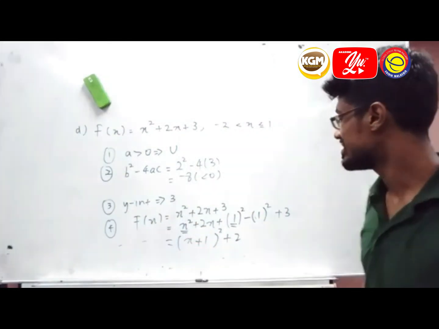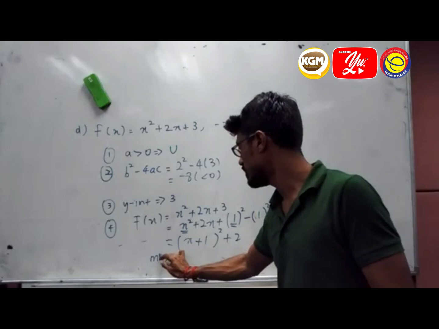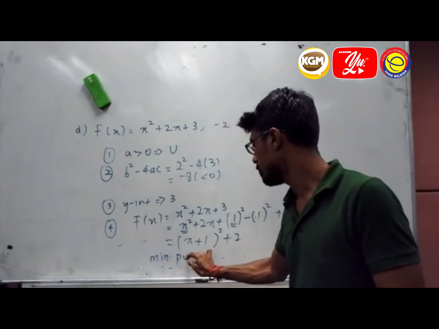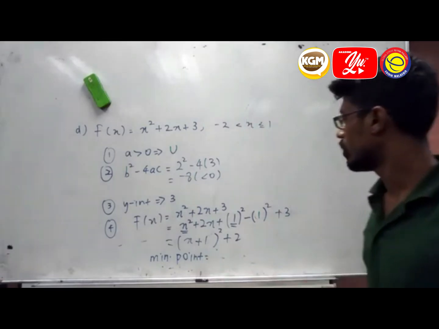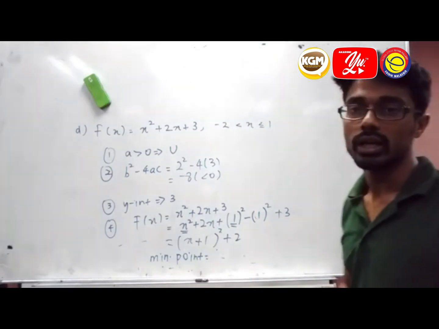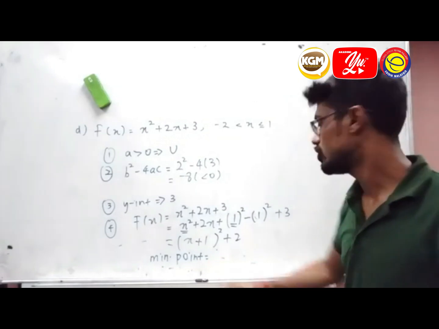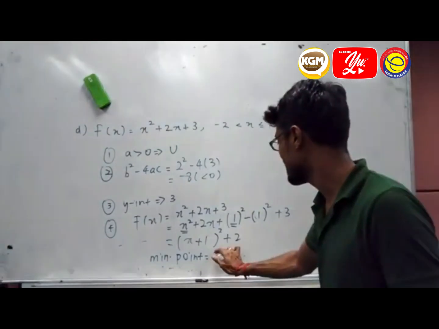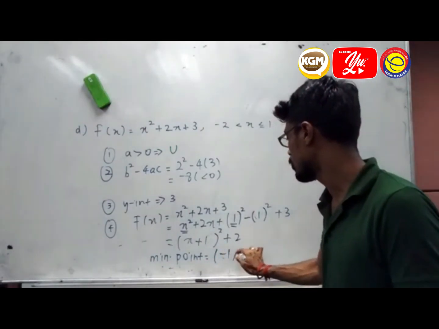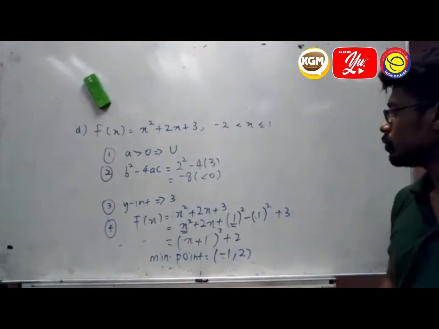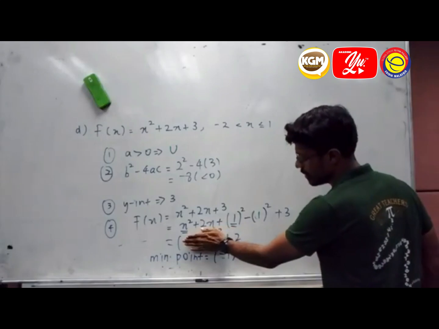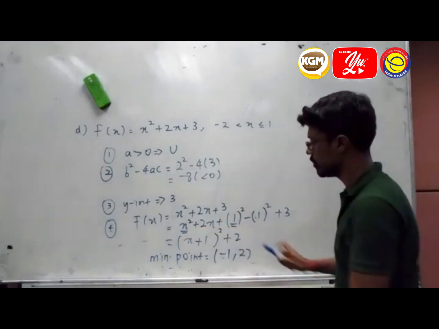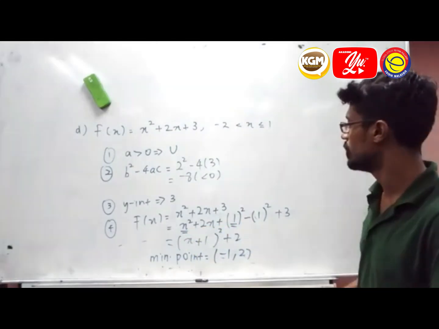From here, we can easily tell what our minimum point is. The minimum point here, very simple. For some of you who already know how to find the minimum point, I'm very sure you can just read out and say it is going to be negative 1, 2. For those who are not sure, very simple. All you have to do, just cover here. Whatever remains will be the minimum value.